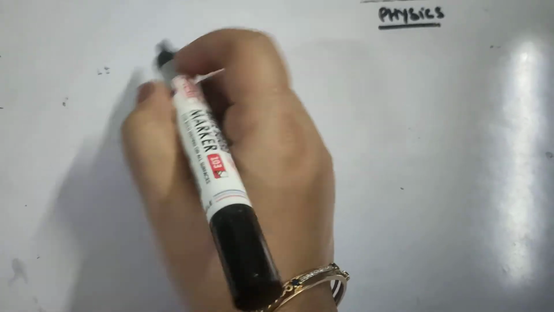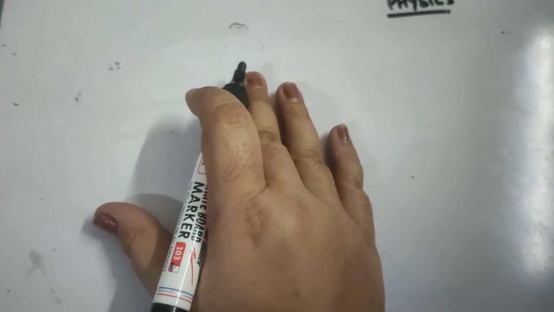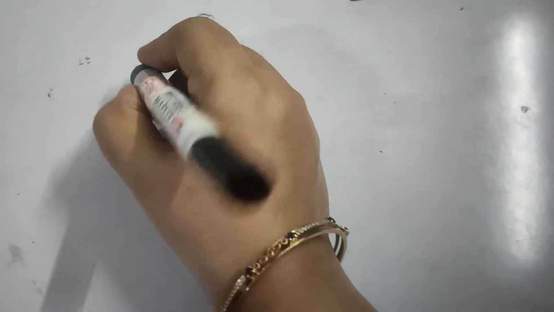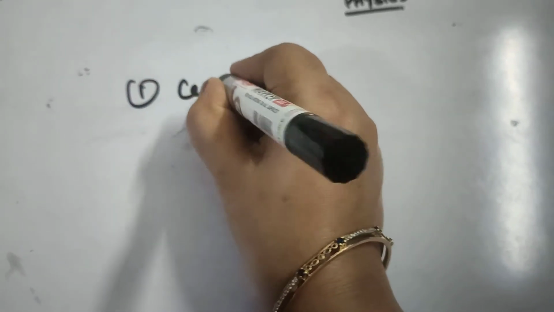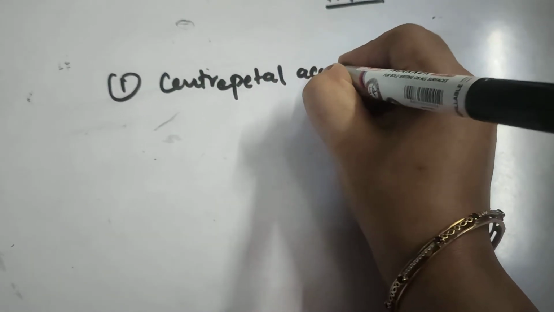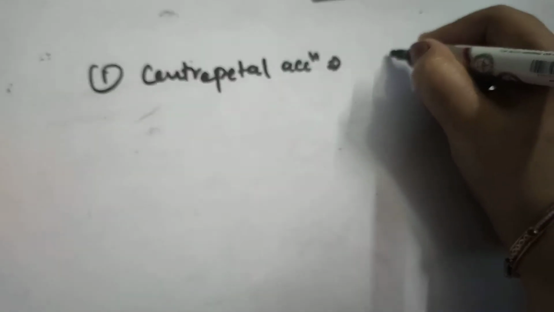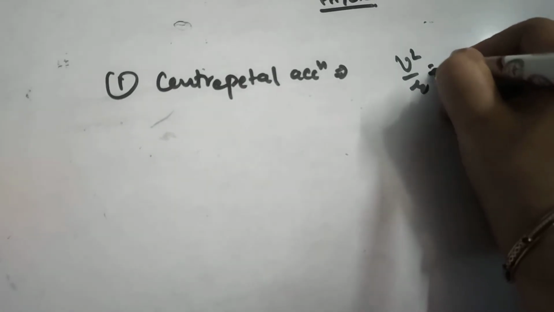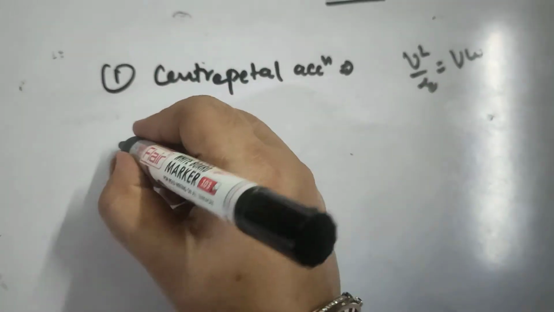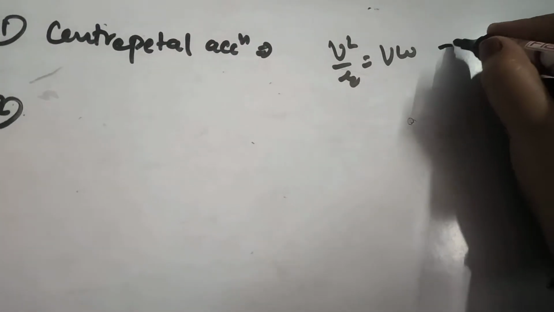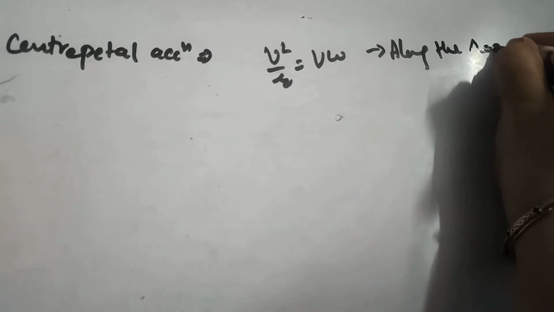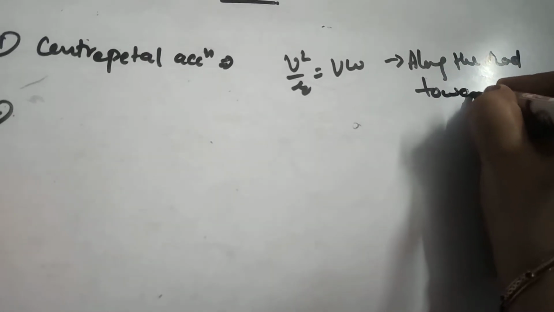Dear students, when a particle is moving in a circular path, it can have two kinds of acceleration. First is centripetal acceleration, given by the formula v square by r, which is equal to v omega or omega square r, and its direction is along the radius toward the center.